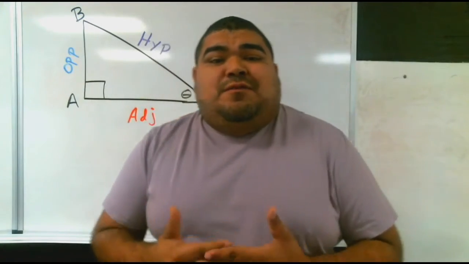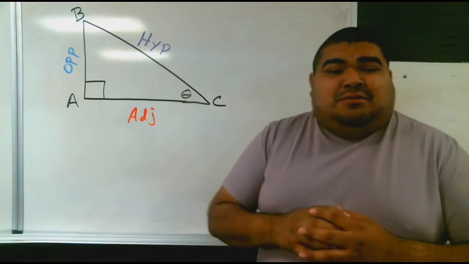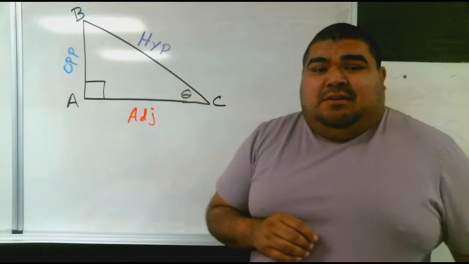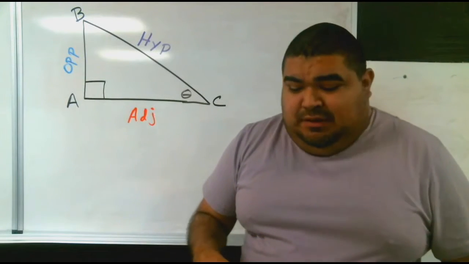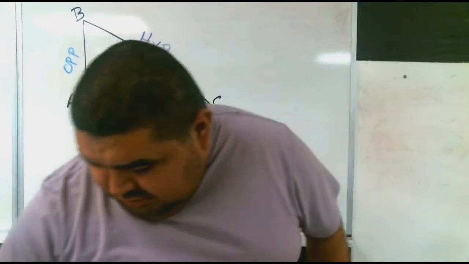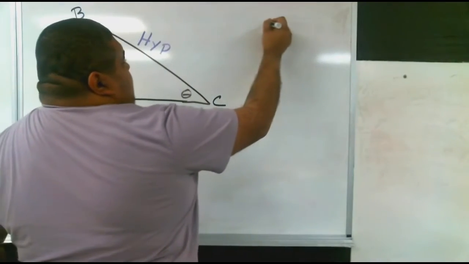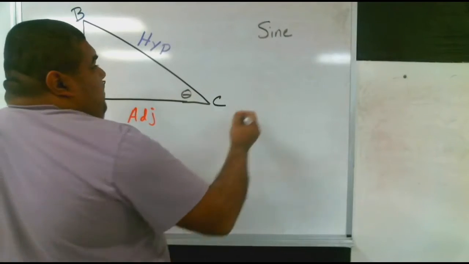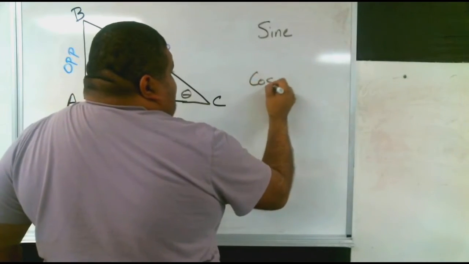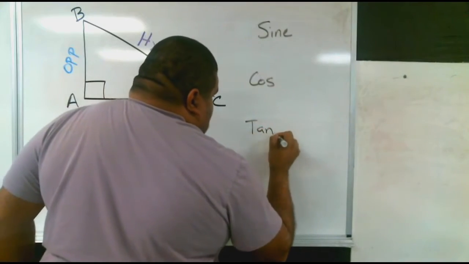Today, we want to find angle C, or angle theta. Keep in mind, there are three things you need to know: sine, cosine, and tangent.